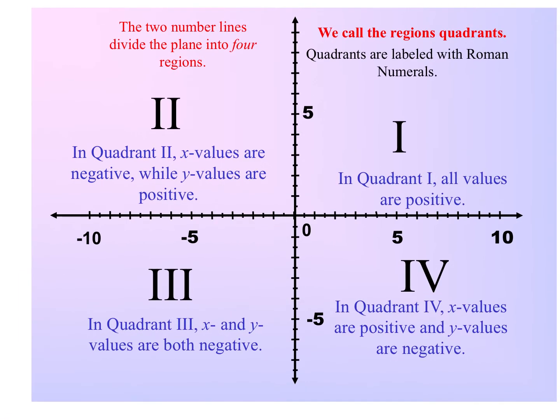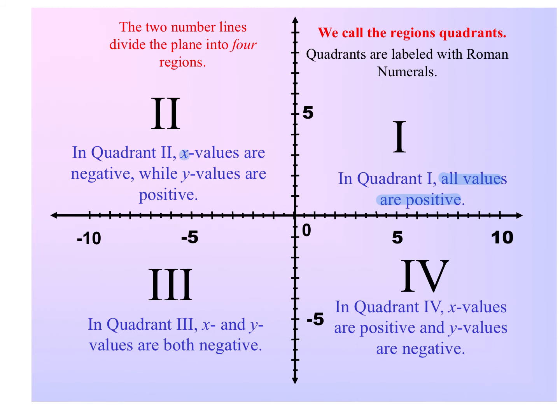But just like in the video, they talked about how our quadrants can be broken down into different names. In this first quadrant, notice all the values are positive. So if a point lands in quadrant 1, you know it's positive.